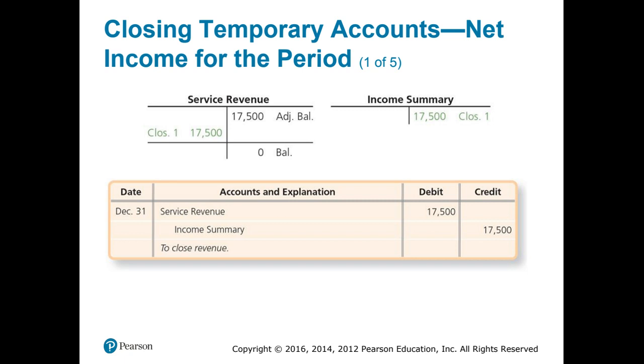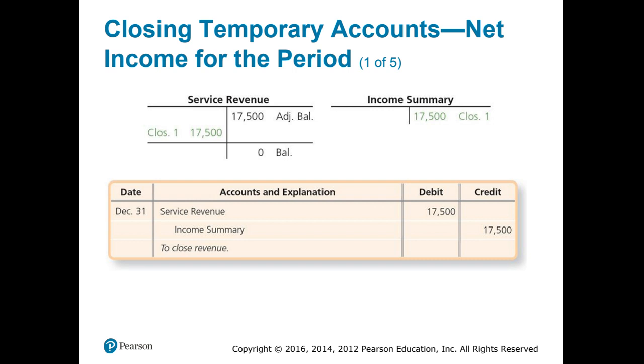For example, Smart Touch Learning has a $17,500 credit balance in service revenue. So we have this amount in our service revenue. If we are closing the service revenue account, we have to have a 0 balance in that account. All temporary accounts, we are zeroing out the account.